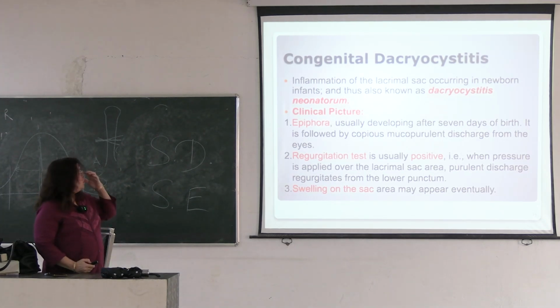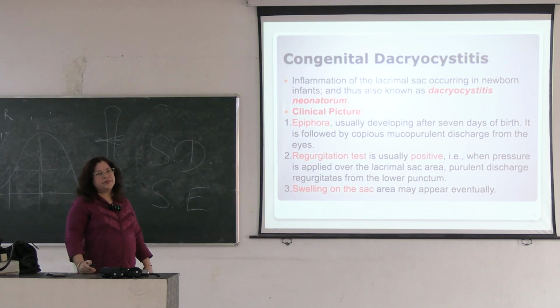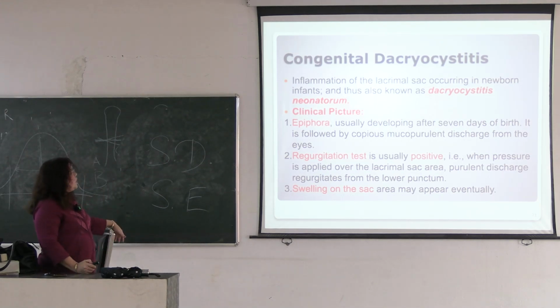Then we come to congenital dacryocystitis. Congenital dacryocystitis mainly occurs in infants, so it is called dacryocystitis neonatorum.